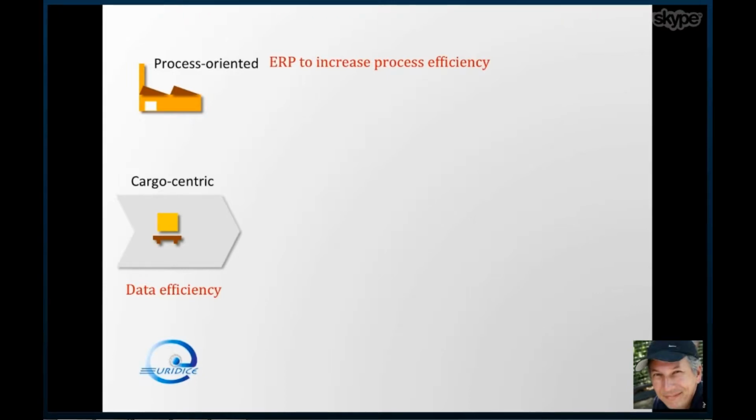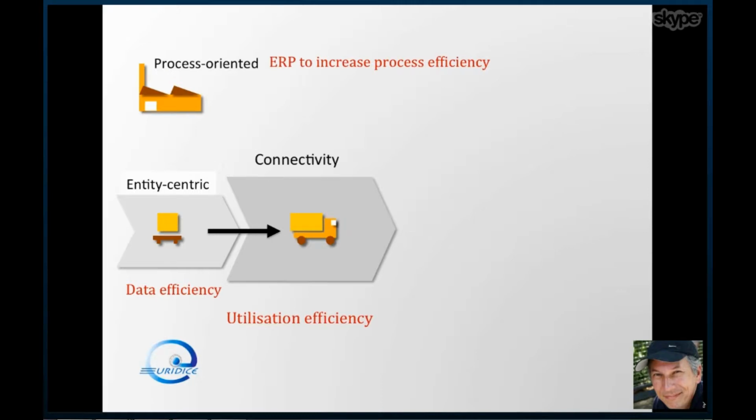But along the road, we saw that this is not specific to cargo but could be used for any entity, so the cargo-centric approach changed into an entity-centric approach. Within the iCargo project, we use this to increase connectivity.